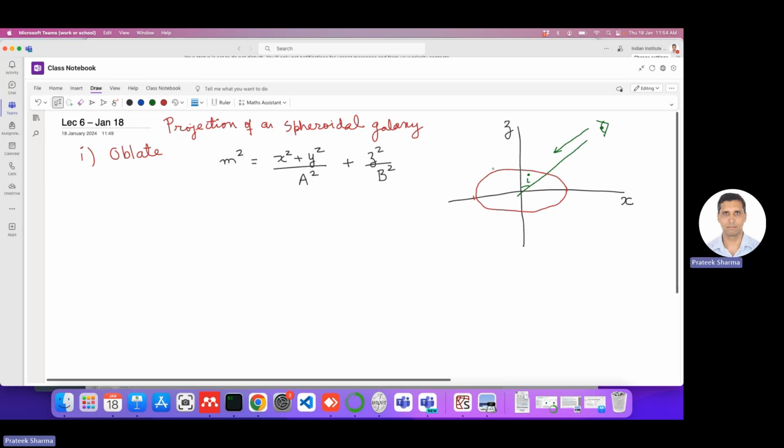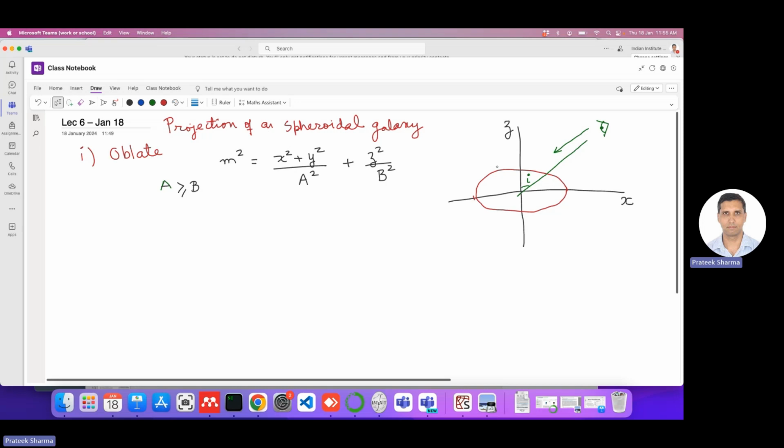So for an oblate thing, A is bigger than or equal to B. And there are two major axes in this case. Okay, so let's look at the geometry a little bit. If you're viewing this disk at some angle, not like this or not like this, how does it look in projection?